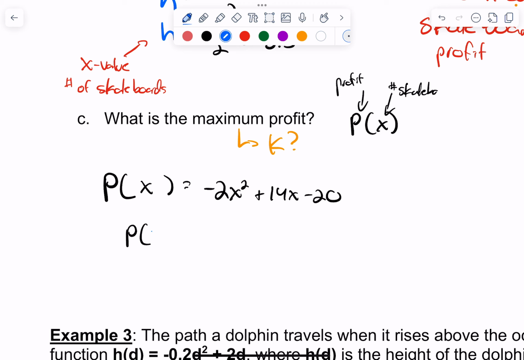So 3.5, this is our h value. So plug 3.5 in for this x, plug it in for this x, and then take away 20. All right, so use your calculator. 3.5 squared.